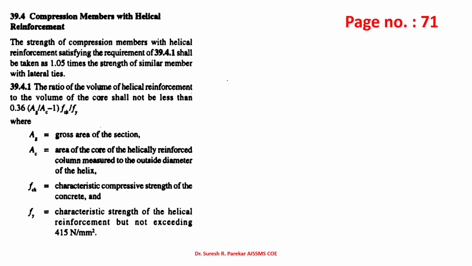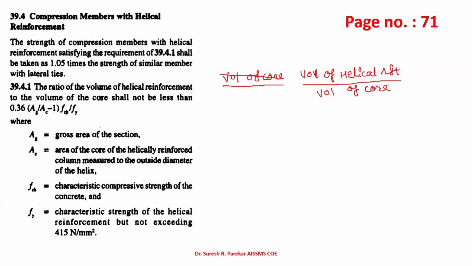I will not go into detail on this. So the volume of helical reinforcement upon the volume of core should be greater than 0.36 (Ag upon Ac minus 1) multiplied by fck, whole divided by fy.